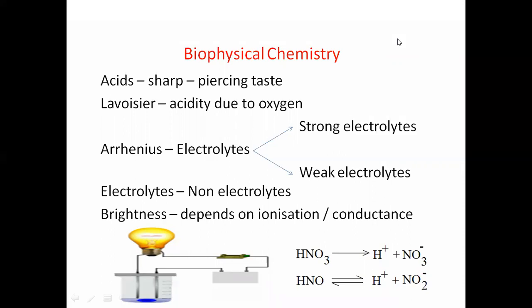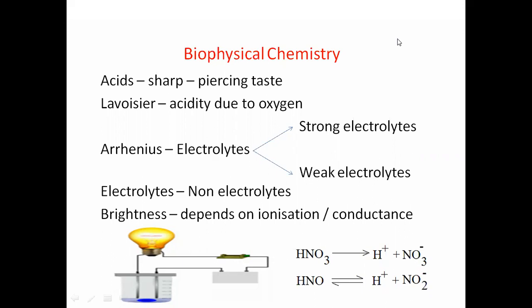After that came Arrhenius, who gave the idea on electrolytes. According to Arrhenius' theory, he spoke mainly on the dissociation of electrolytes. Electrolytes can be divided into two types, strong electrolytes and weak electrolytes, depending upon their ability to get dissociated in aqueous solutions.